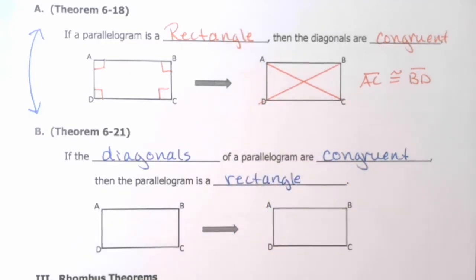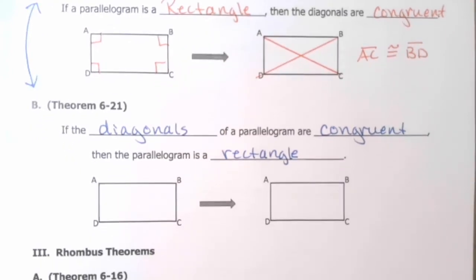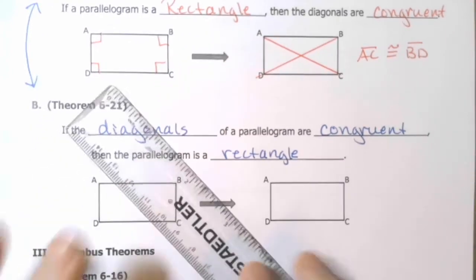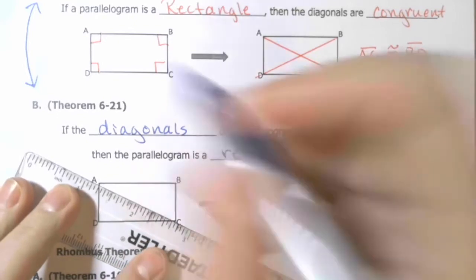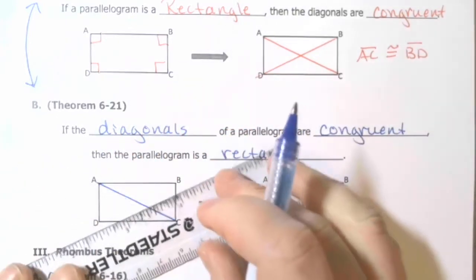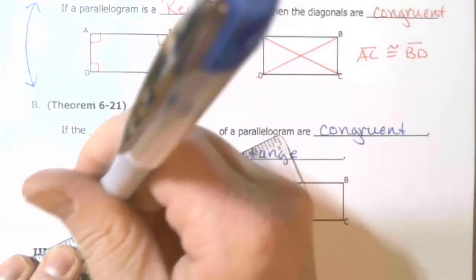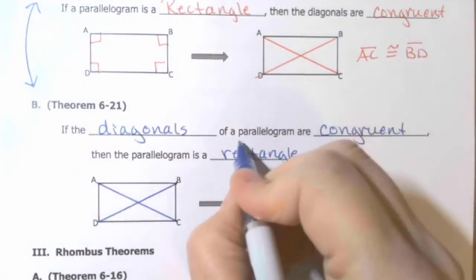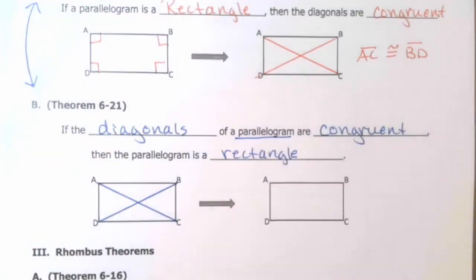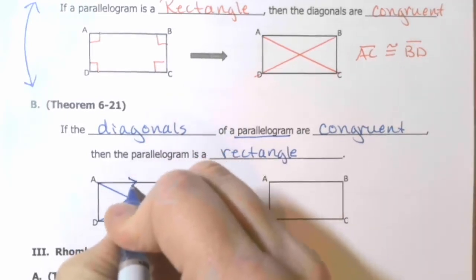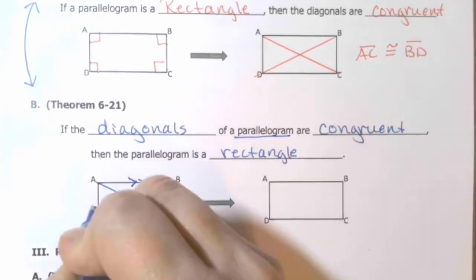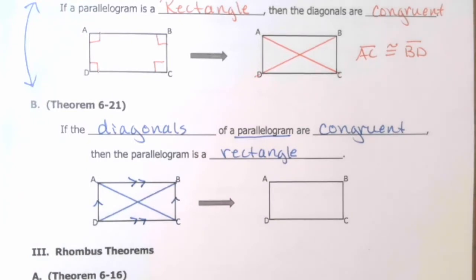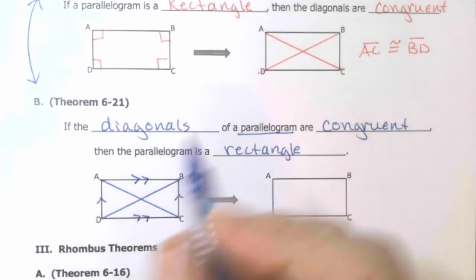So the definition of a rectangle is 4 angles are 90 degrees. In this one, we're not using the definition, we're using the fact that if you have a parallelogram, so let's mark these parallel, top and bottom, left and right, and the diagonals are congruent.